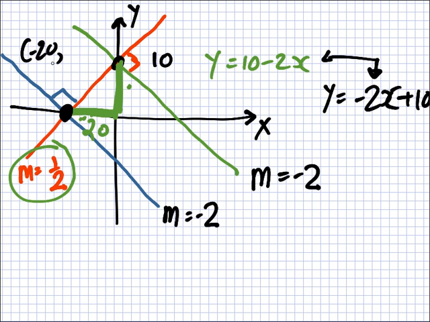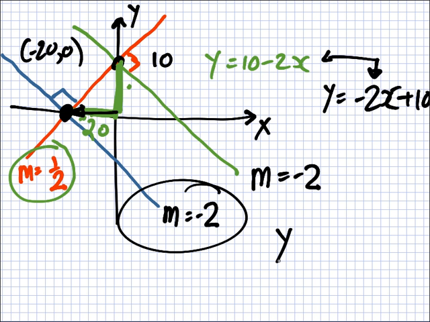Minus 20, comma 0, because you went 20 backwards. So I can use that point with y equals mx plus c, and I put this point in. 0 equals minus 2 times minus 20 plus c.